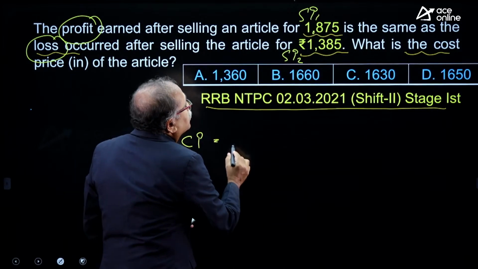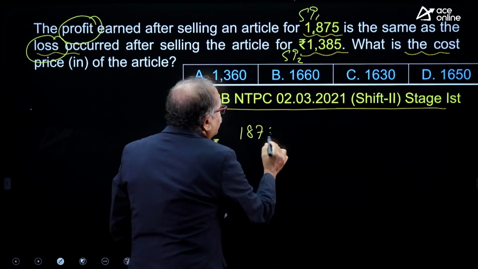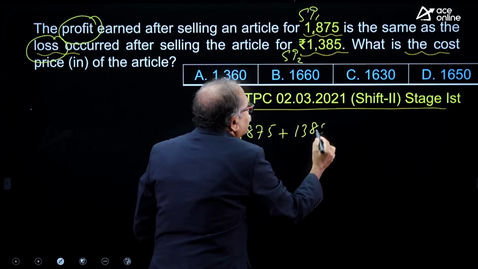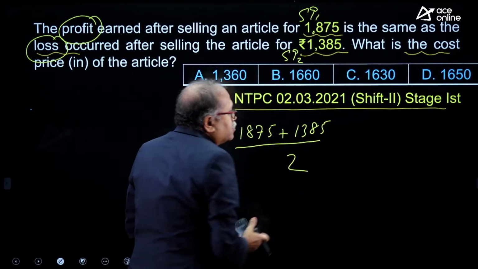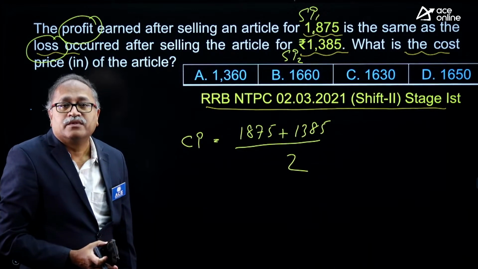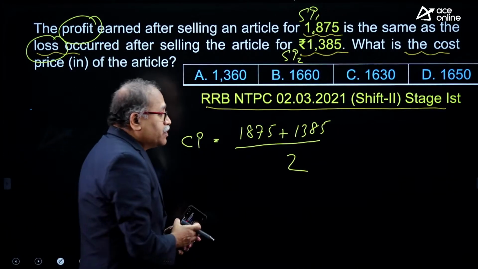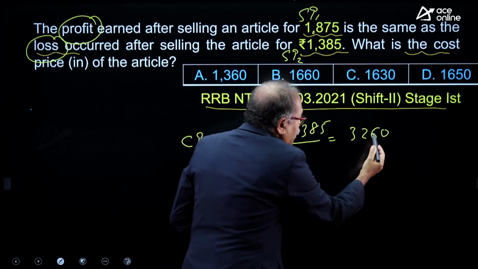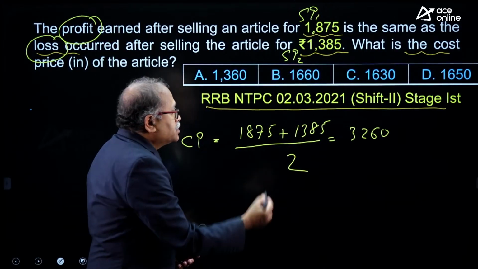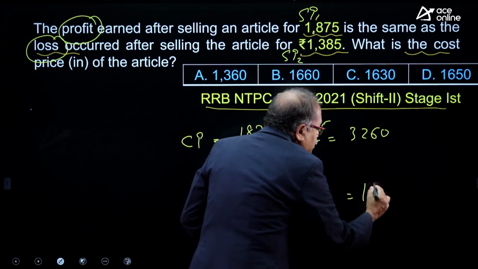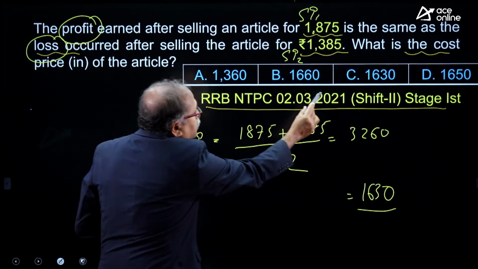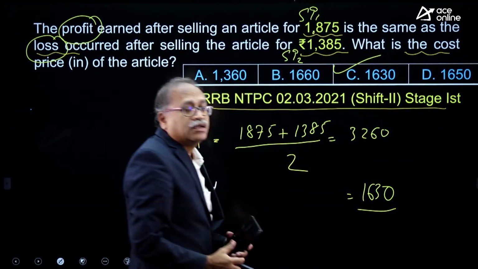CP is equal to (1875 plus 1385) divided by 2. That is what Deepak was probably knowing. So, it comes to 3260 divided by 2, that is 1630 is your answer. Where is that 1630? Option C.